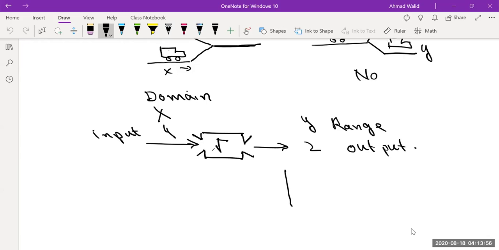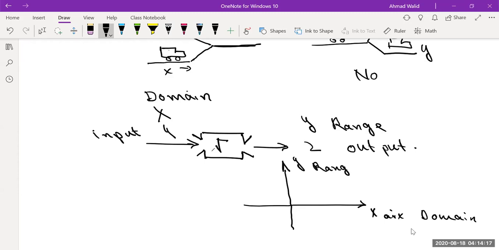Or if I go to a graph, your x-axis is the domain. The values of the x-axis are the domain. The values of the y-axis, we call what? Range. I saw this problem before.